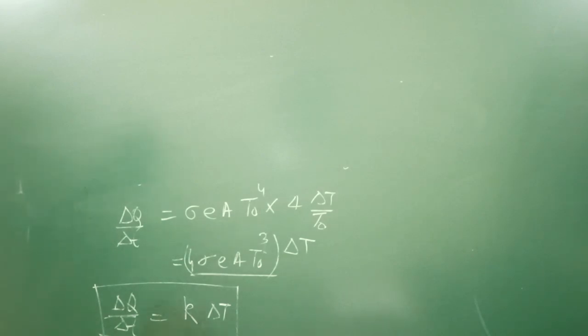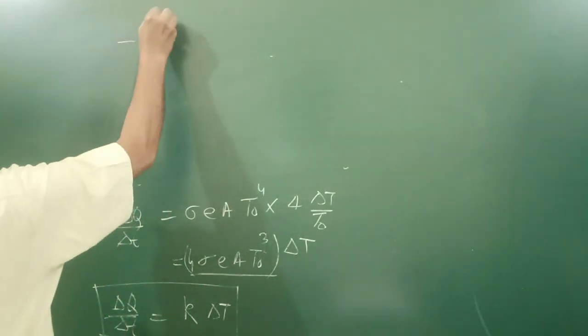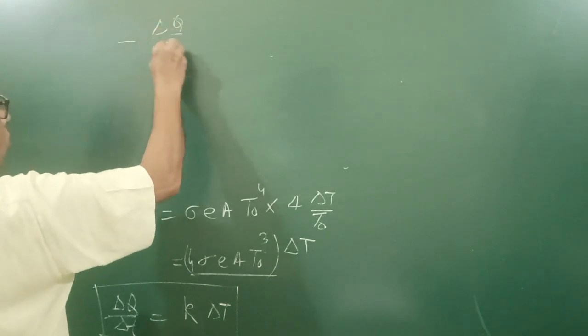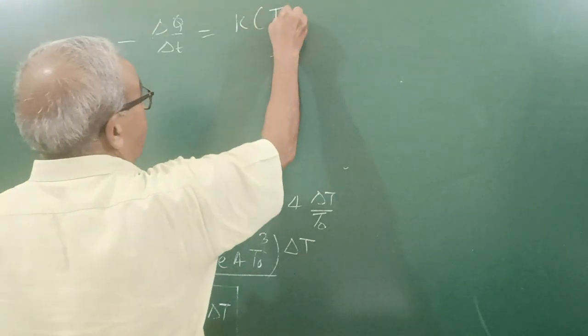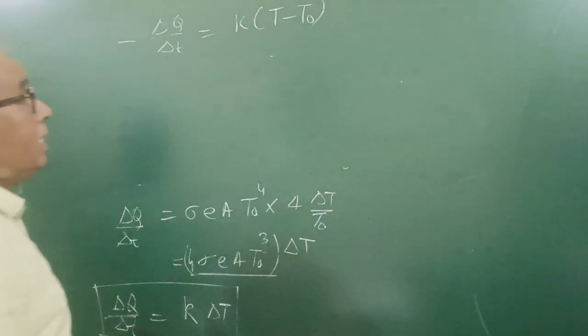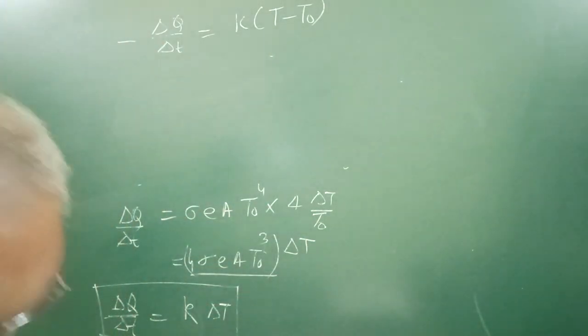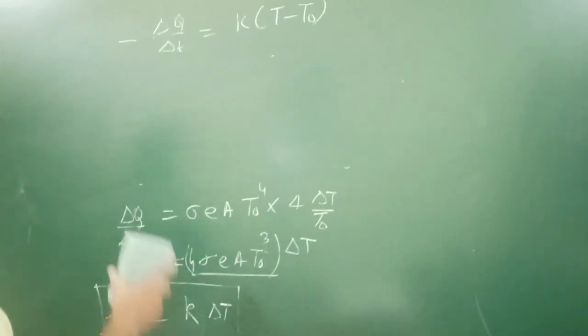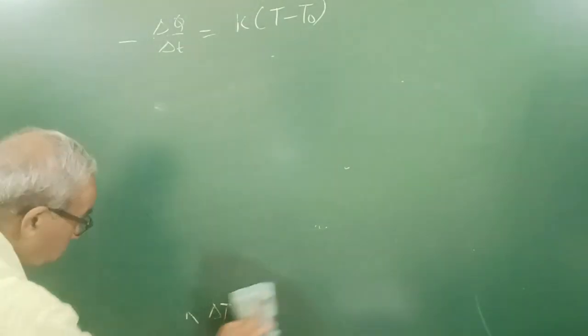Now loss is taken negative. If we assume that loss is negative, we can write this equation also as minus delta Q upon delta t equal to k into (T minus T0). T is the temperature of the hot body at that time, and T0 is the temperature of the environment, which remains constant. So now let the temperature of the body decrease by delta T.